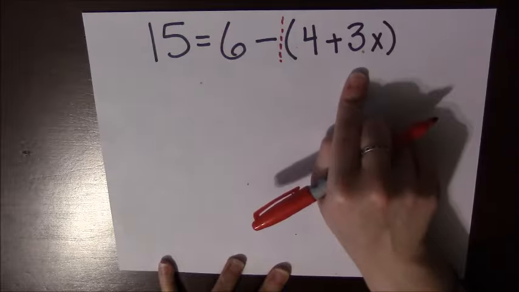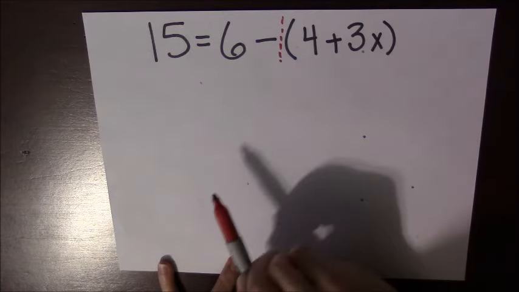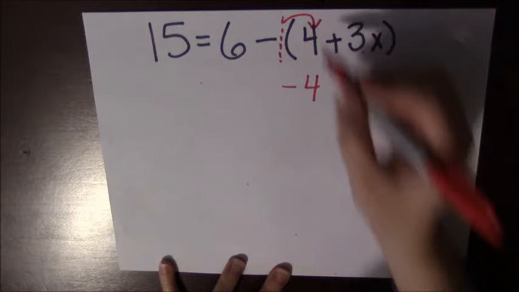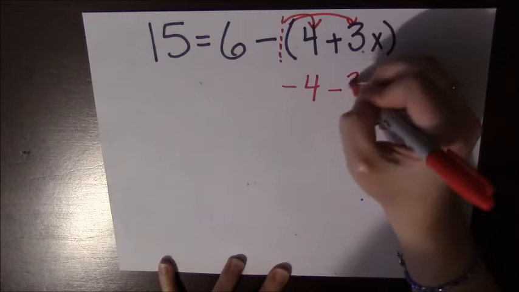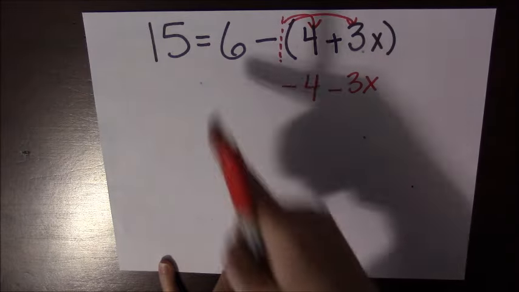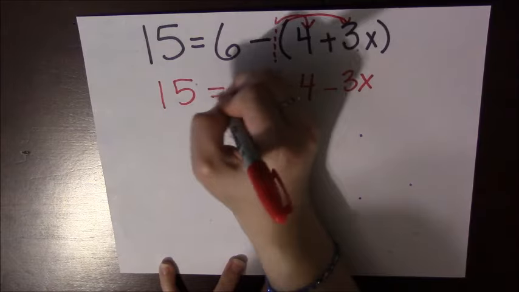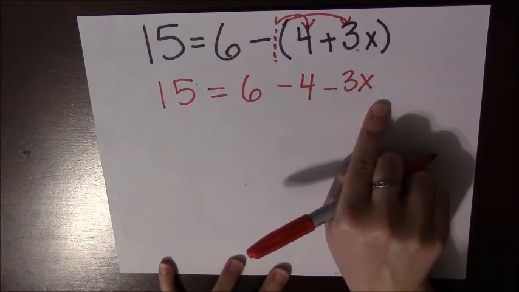So I have to always do the distributive property first. Negative 1 times 4 is negative 4. And then negative 1 times positive 3x is negative 3x. And I bring down everything else. So 15 equals 6 minus 4 minus 3 times x.